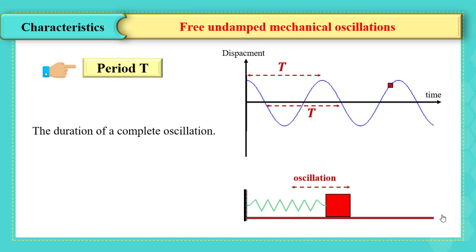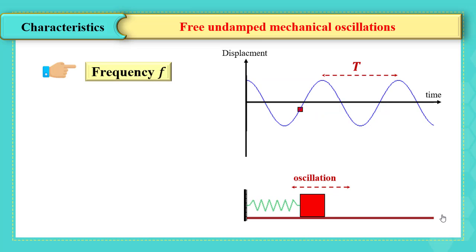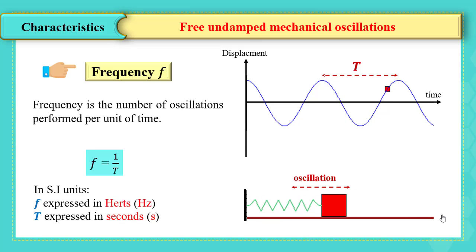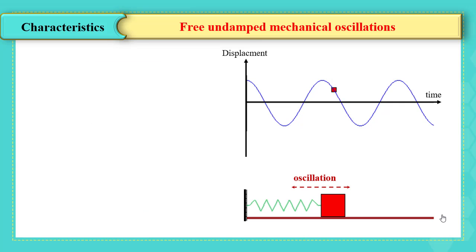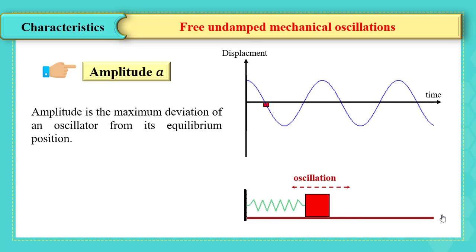It is the time taken by one cycle, as shown in the figure. It is expressed in seconds. Then we have frequency, which is the number of oscillations performed per unit of time, and it's expressed with f equals 1/T. Its unit is hertz when the time is taken in seconds. Finally, the amplitude, which is the maximum deviation of an oscillator from its equilibrium position.